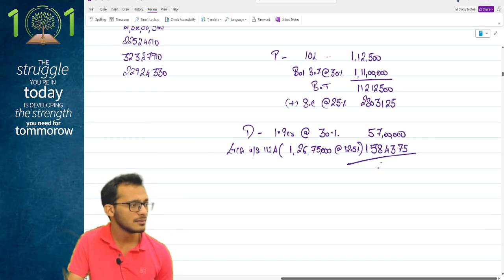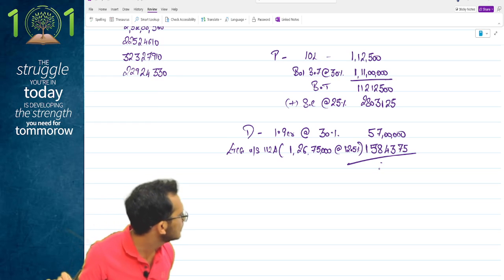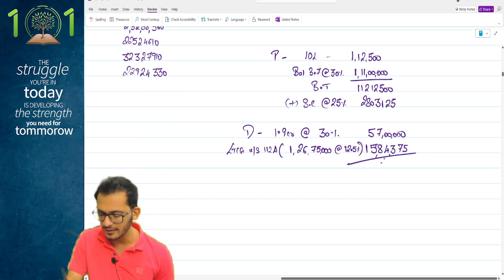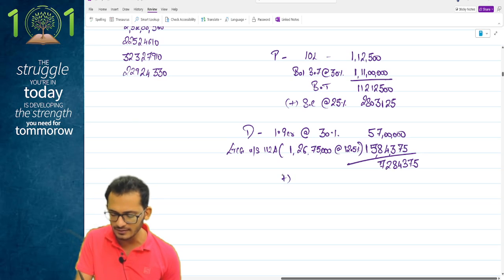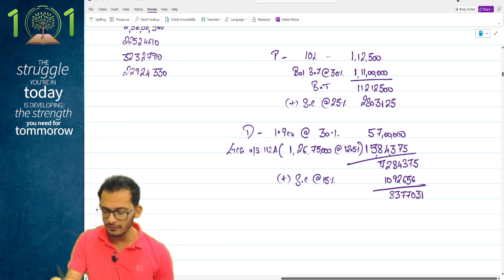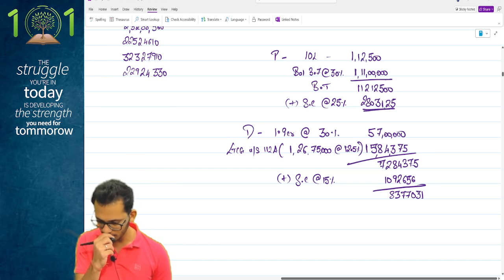This is 72 lakhs 84,375. On this, I will levy a surcharge at the rate of 15%. Number becomes 10,92,656. Total becomes 83,77,031. I have both my numbers. Add the numbers. What is the total of this number?